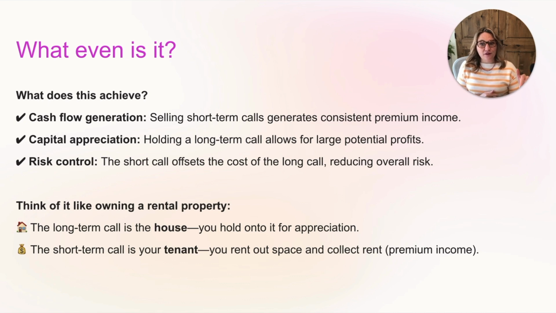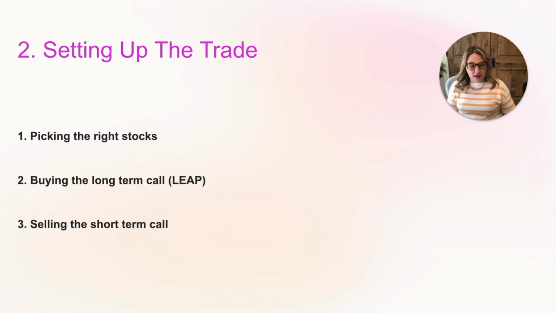And then the third thing that it really offers is risk control. So the short-term calls that you're selling offset the cost of the long-term call, which reduces your overall risk of having your money in the market to begin with. So there's just no downside to this trade, really. I just really, really love it, assuming you can pick the right leaps to buy. So now we're just going to talk about setting up the trade.